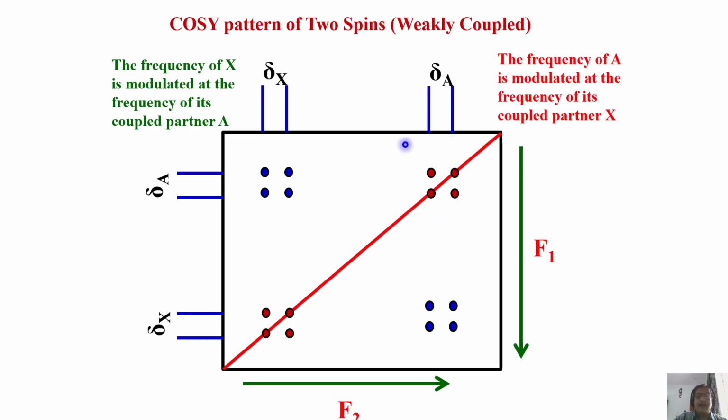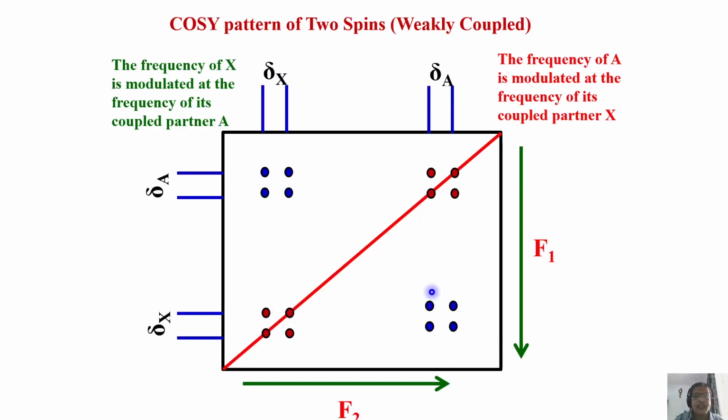The frequency of A gets modulated with the frequency of X because it is a coupled partner, and gives rise to cross peaks at X. Similarly, X appears at its own frequency, and not only that, it gives rise to autocorrelated peaks for its doublets. In addition, X gets modulated because of A. These two interactions are mutual and give us the cross peak at A. That's what it is. So when the frequency of A gets modulated with X, you get a cross peak here. When the X frequency gets modulated, you get a cross peak here.